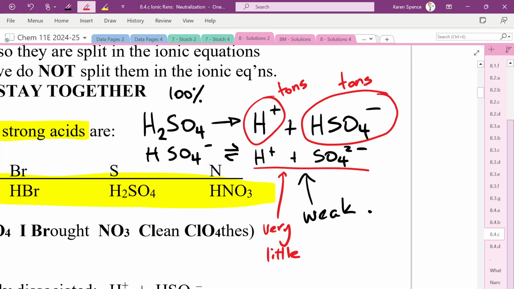So who are the important species? The H plus and the HSO4 minus. You're not going to write H2SO4, you're not going to write the second H plus, and you're not going to write SO4 2 minus.